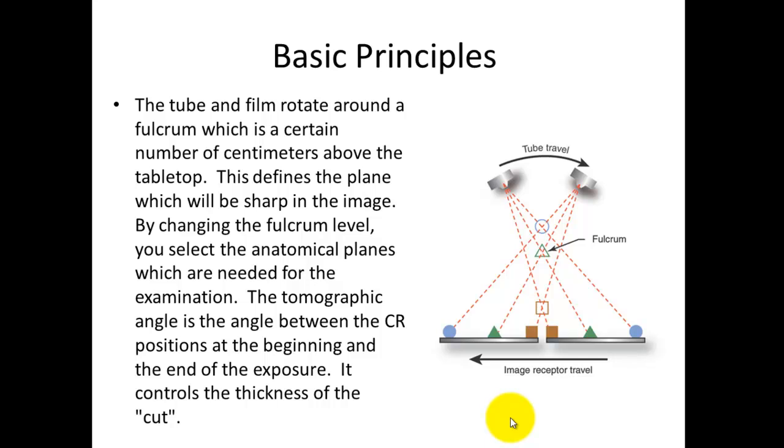The tomographic angle is the angle between the different CR positions at the beginning and the end of your exposure. And while the fulcrum defines your slice location, the tomographic angle defines or controls your slice thickness or cut.